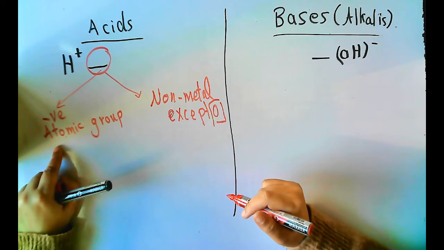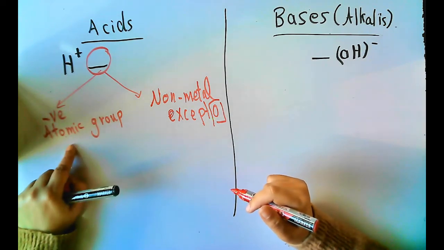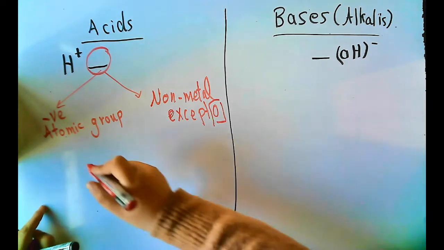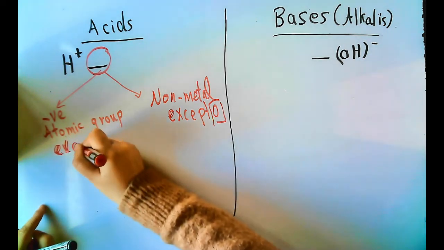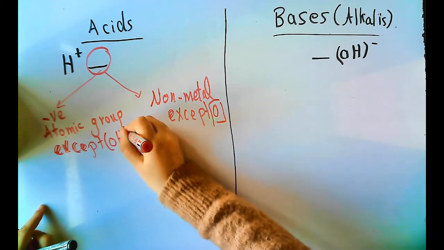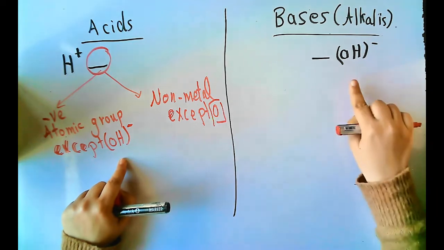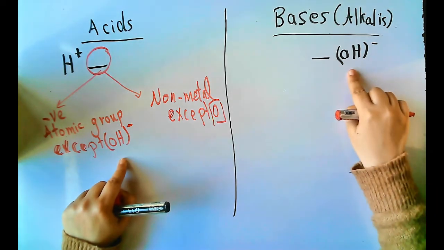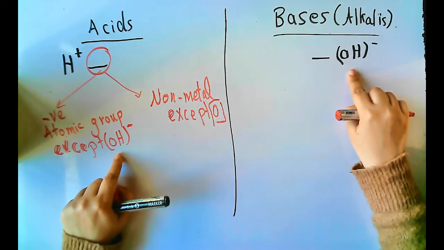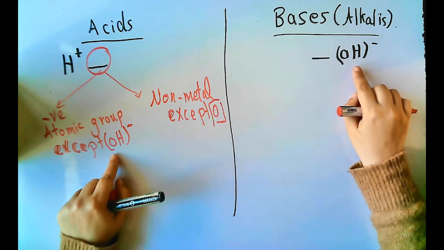We can combine any negative atomic group with positive hydrogen ion, except hydroxide. Why except hydroxide? Because hydroxide is present in alkali. So if it is hydroxide it will be alkali, it will not be acid.